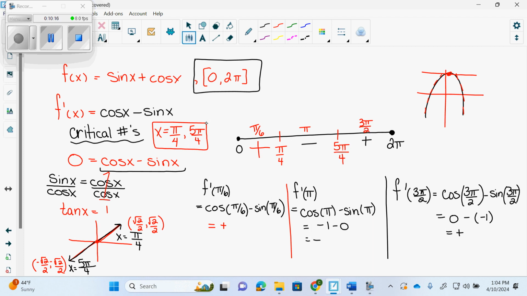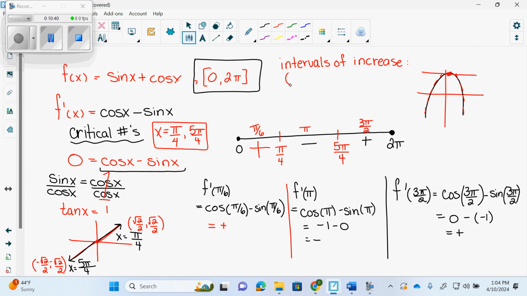All right. Now, intervals of increase are from, now 0, is it square or round?